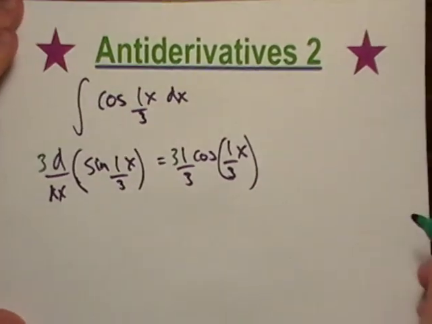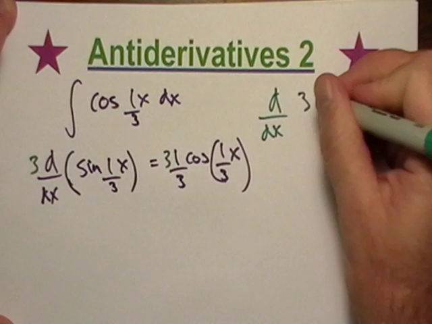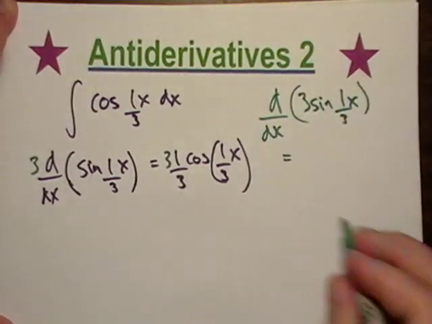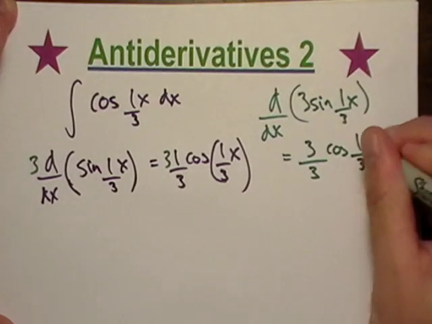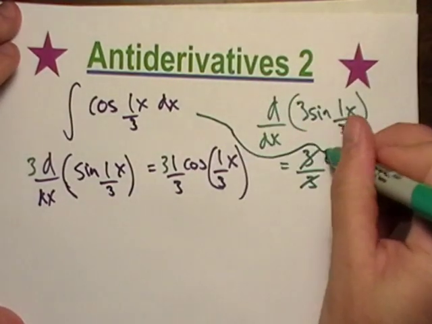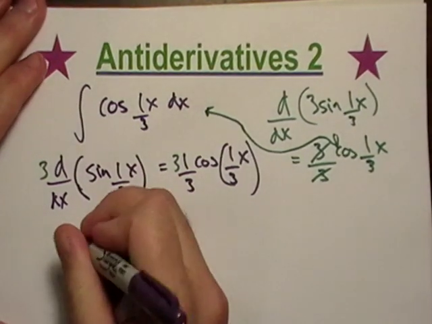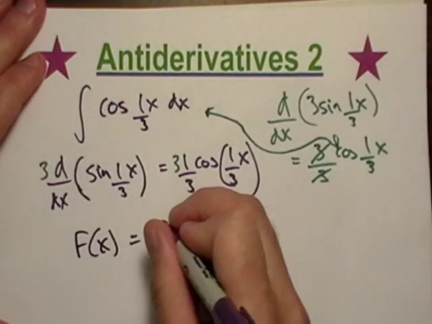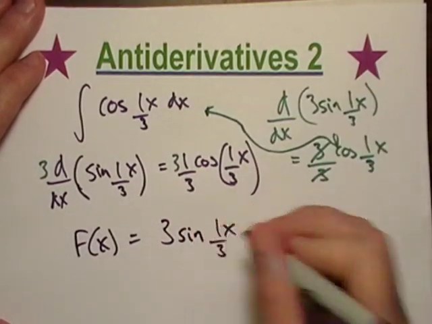So I could just go d/dx of 3 sine 1/3 x, and that would equal 3 times 1/3 cosine 1/3 x, that'll cancel out, and then I'm back to what I started. So the antiderivative of cosine 1/3 of x is 3 sine 1/3 of x.